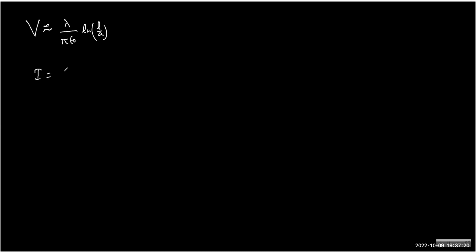So I equals flux by rho. So R equivalent is how much? V by I. Lambda by epsilon naught. Okay, V is given, why am I writing it here. So V is given, and I we can write as flux by rho.